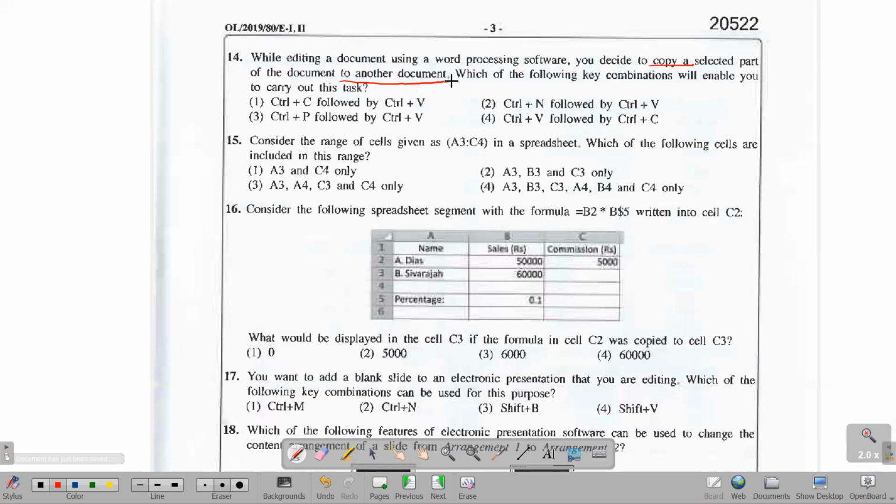Oh, hold on, I'm messing up with the 'followed by' word. It should be the first one, right? Control C followed by Control V. Let me check.